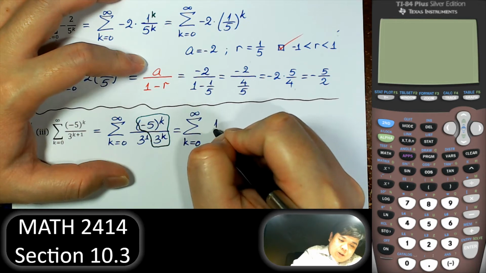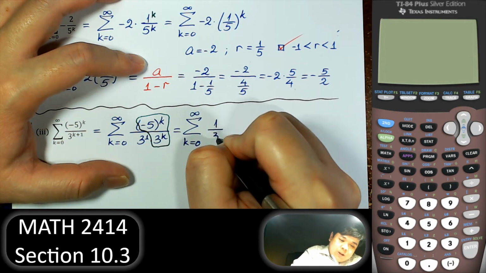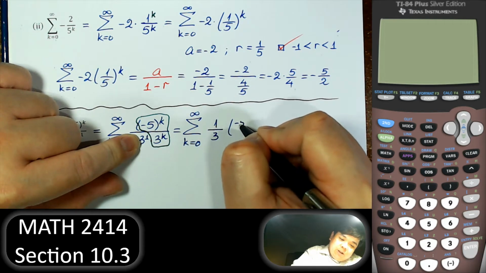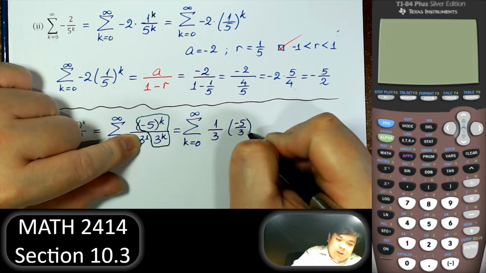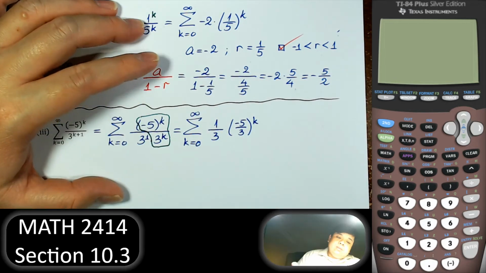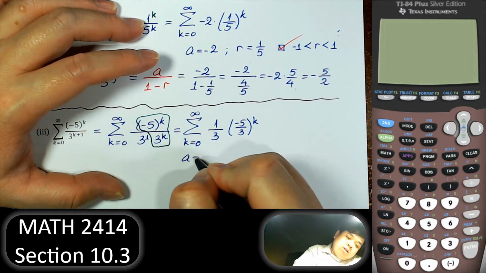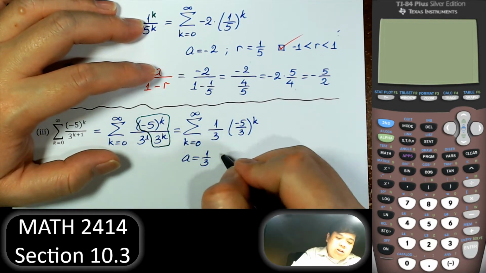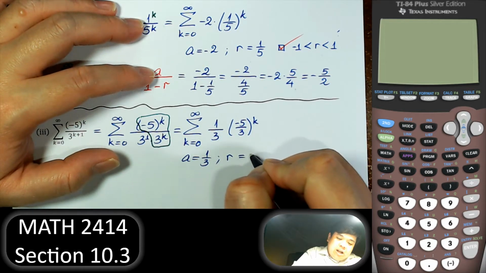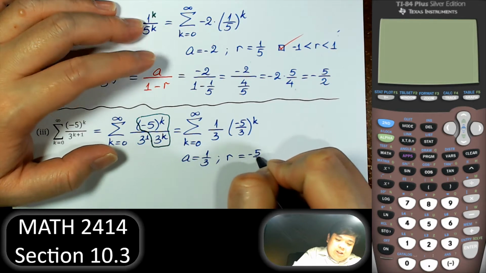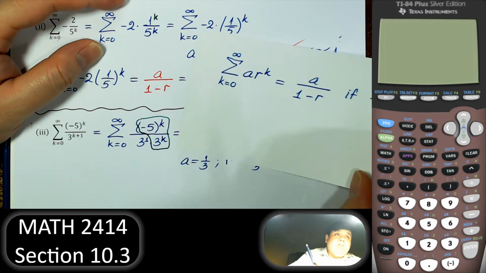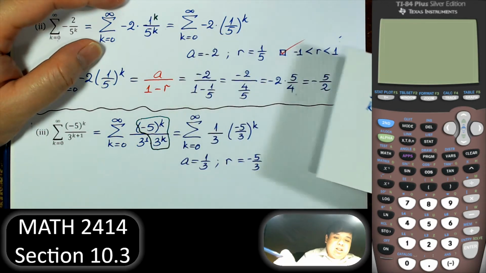We have 1/3 still, and then we have negative 5 over 3 to the k. For this one, since the coefficient is 1/3, R is negative 5 over 3, because that's exactly the form of the geometric series.